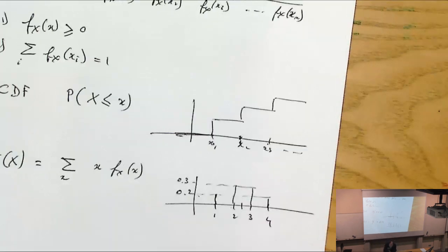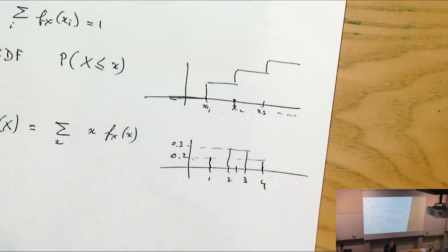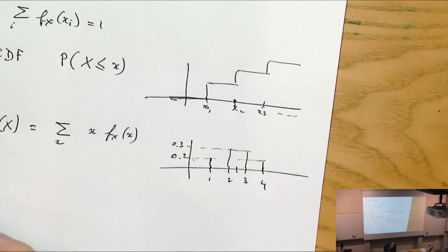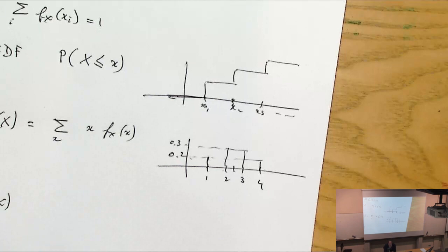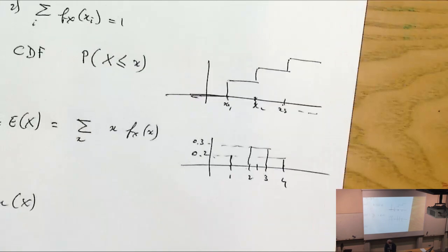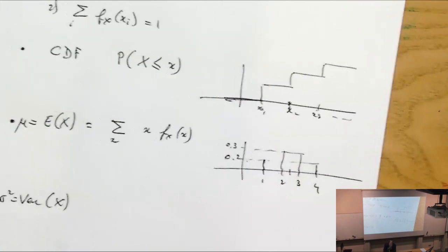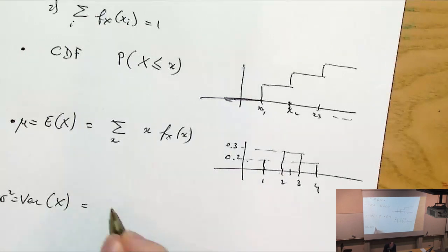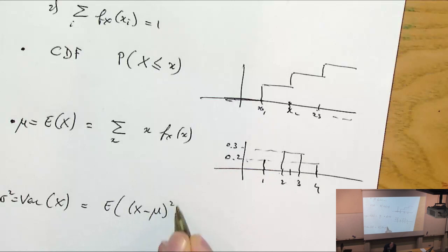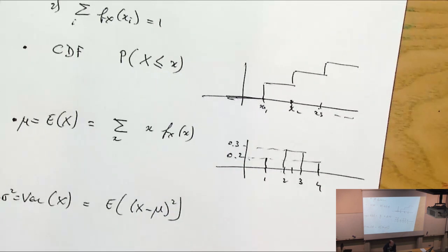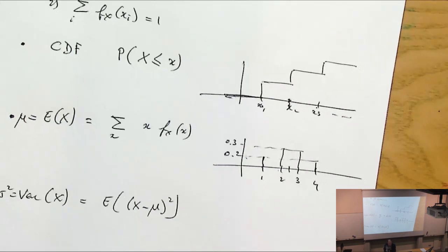Then we looked at the notion of variance. The variance of X, also called sigma squared, is the expectation of (X minus mu) squared. So it's the expectation of the square of the deviation between X and its mean.